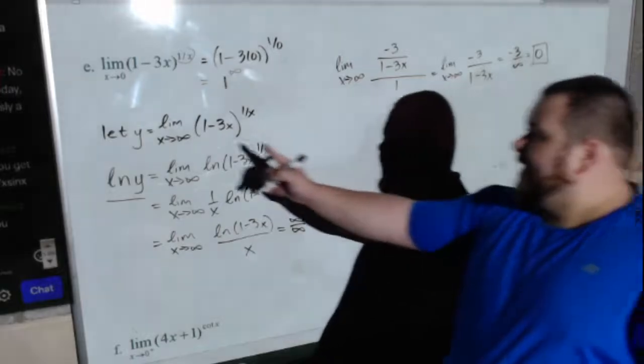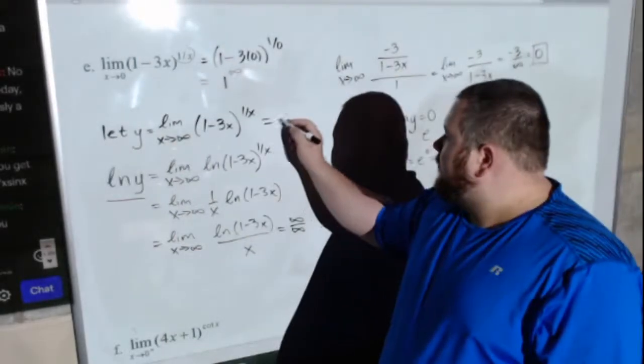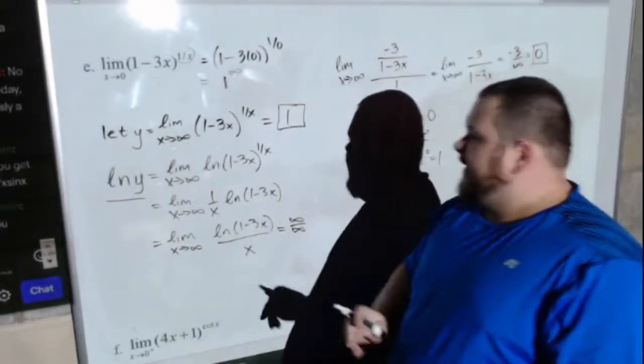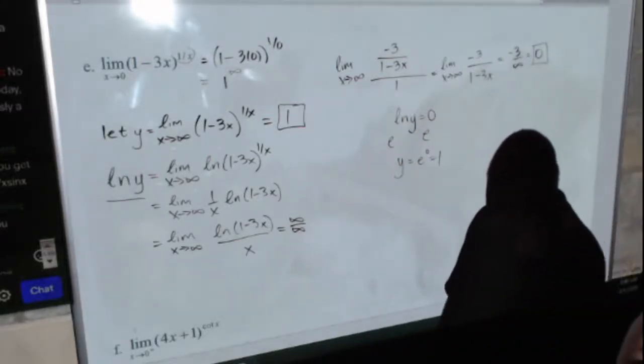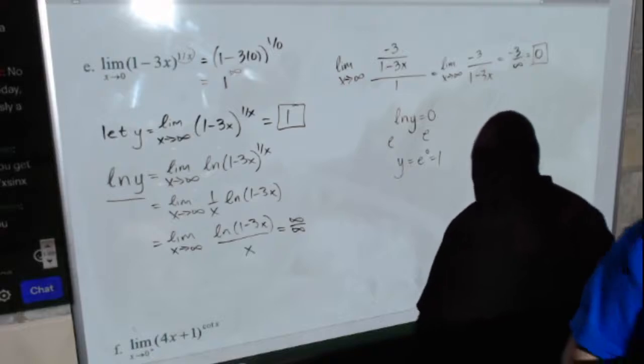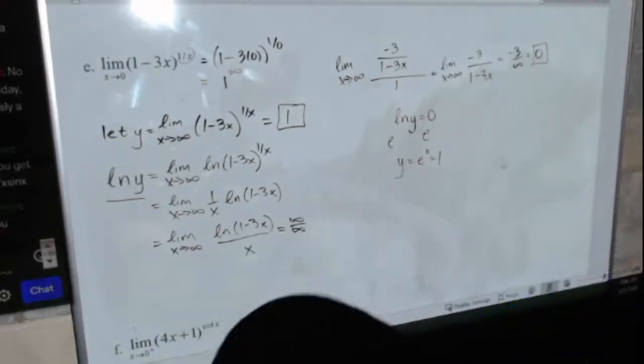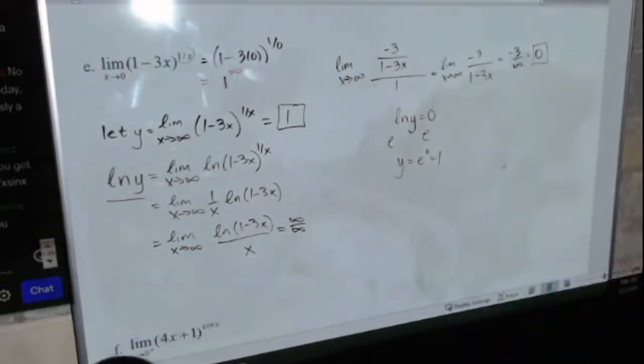Y is the thing that I called the original problem. So my answer is actually 1. So I'm guessing there might be a question about that, so I'll give you guys a second to take that in.